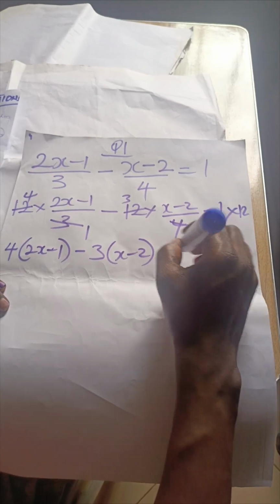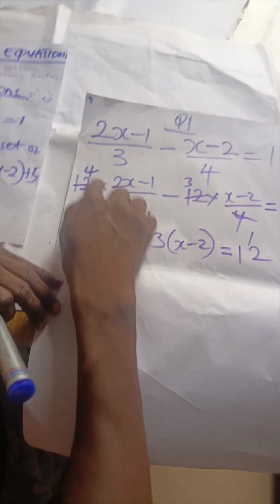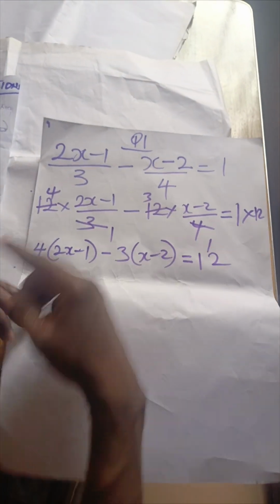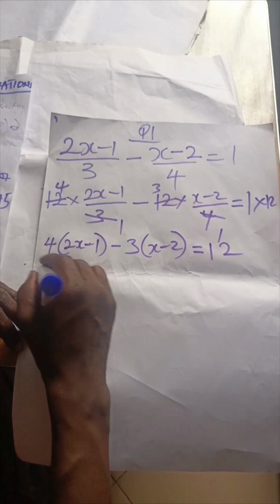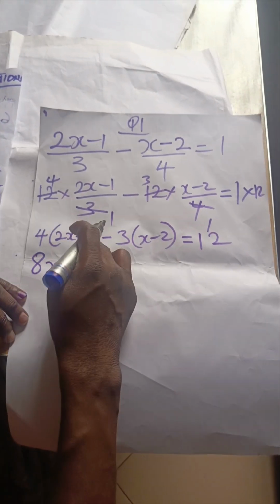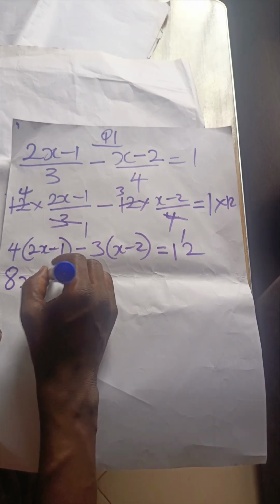So 1 times 12 is 12. Now here we are going to remove the bracket by multiplying the number outside the bracket by the number inside the bracket. You can also multiply straight away. So 4 times 2x will give us 8x. And 4 times minus 1 will give us minus 4.